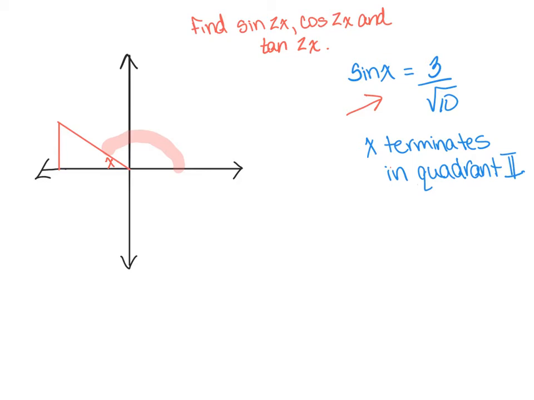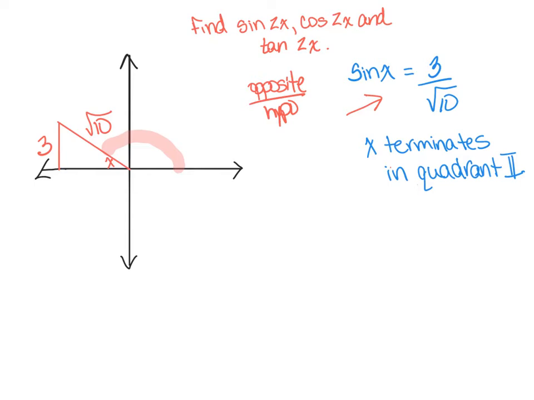So sine is opposite over hypotenuse. Okay, that's what sine is. So this portion right here is 3, because that's opposite, and my hypotenuse is square root of 10. Now we were told that both of these were positive, so we know that's a positive 3, and square root of 10 is positive. Square root of 10 is the length of the hypotenuse.